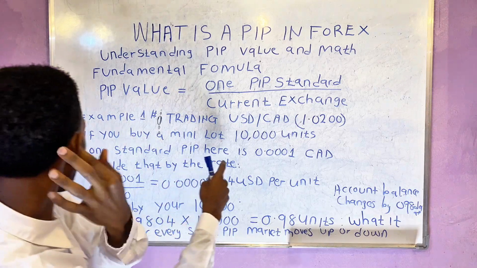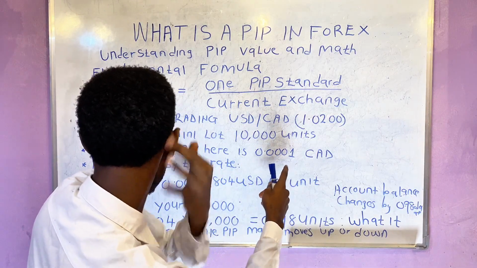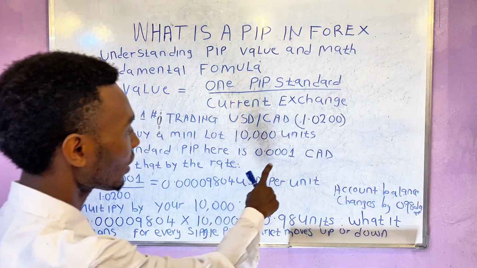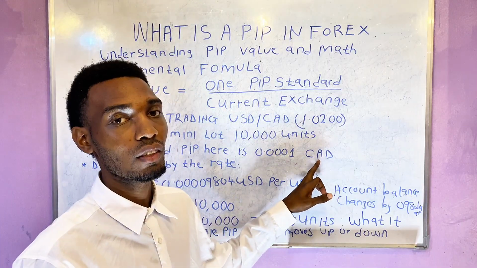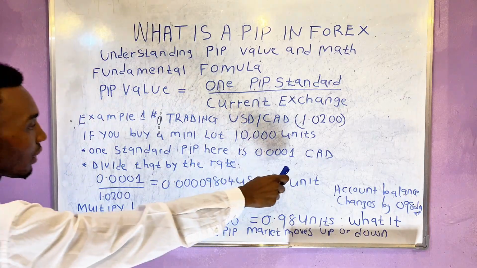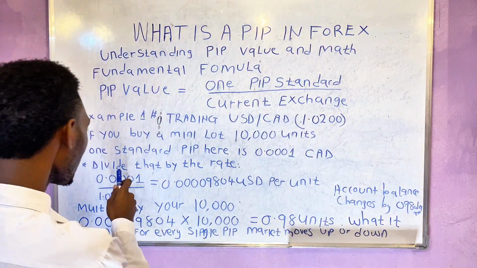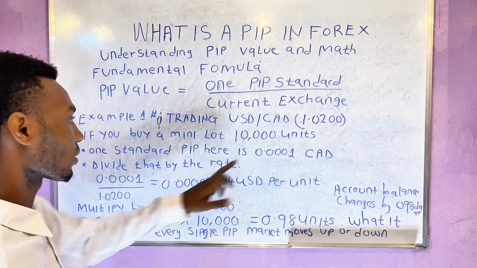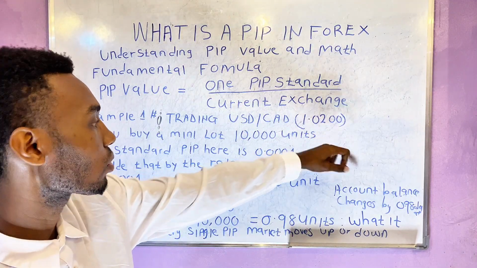One standard pip here is 0.01 Canadian dollars. That is a standard pip. Divide that by the rate, so you divide by the exchange rate, which is 1.200.